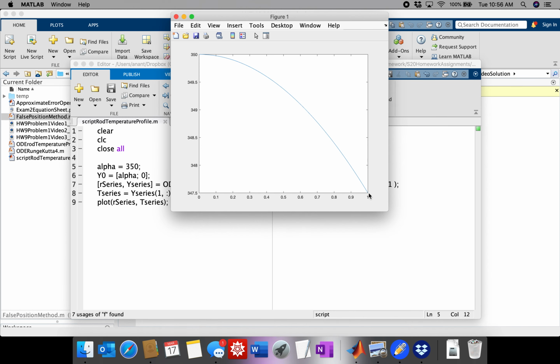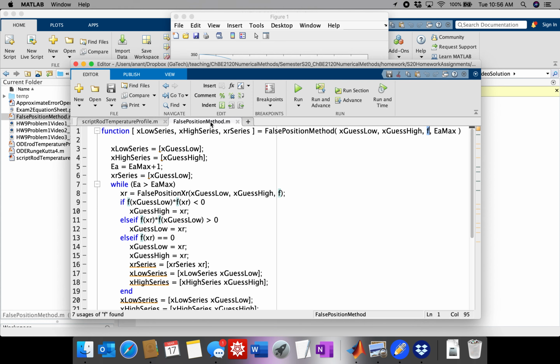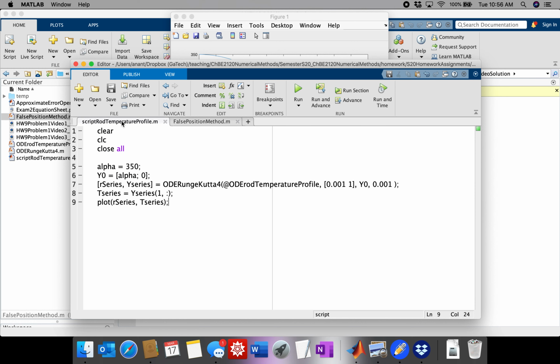In other words, this number minus 300 Kelvin. So right now, f of alpha would be about 47.5. And we need a low guess, a high guess, and some sort of error tolerance. Then it'll output the series of guesses and XR values.